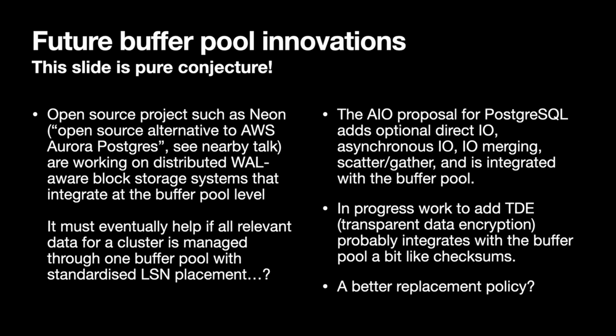WAL-logged stuff. Another project which I am involved with is the AIO proposal for Postgres, which adds a bunch of support for using OS-specific asynchronous I/O facilities or background processes to do a whole bunch of new kinds of I/O tricks, including scatter-gather and merging I/Os and so forth.